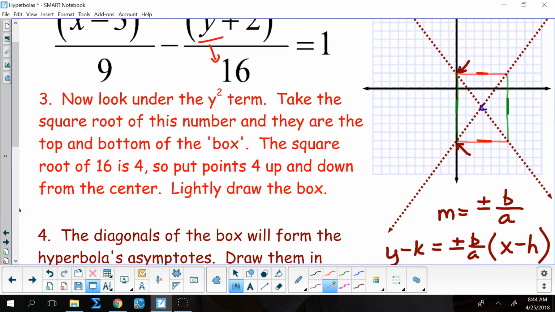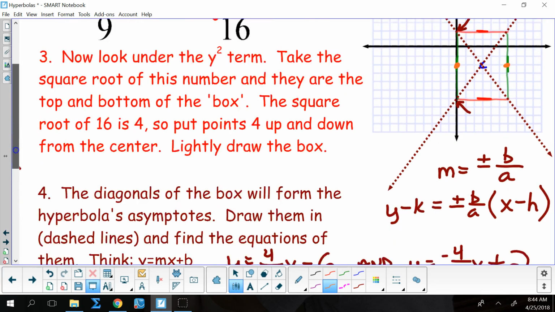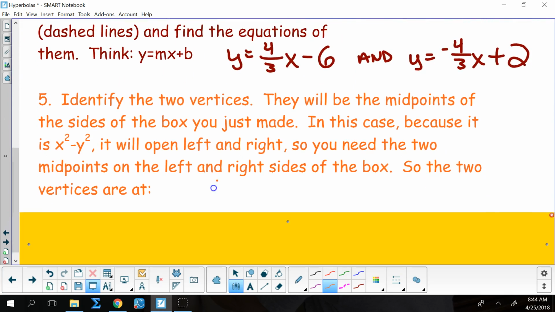The midpoint is going to be straight out from the center to the left and to the right and on the side of my box. So this vertex is going to be the point 0, -2. This one is going to be 6, -2. Agree?